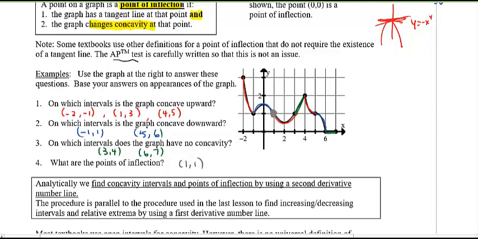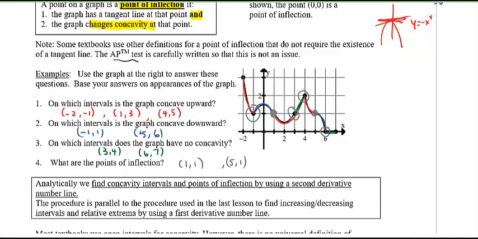Yes, 5, 1. And if you said, let's look at this point here, I'd say no, because there really is no tangent line at that point. Similarly here, no tangent line at that point, because these are corners, and therefore we do not want to classify them as points of inflection.